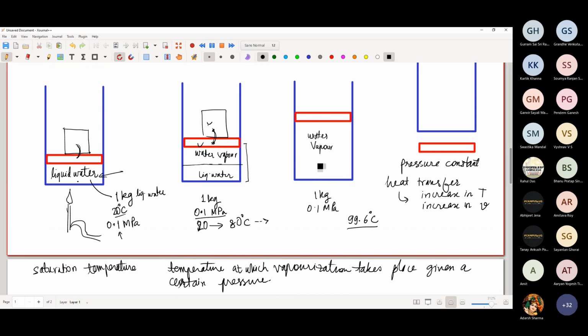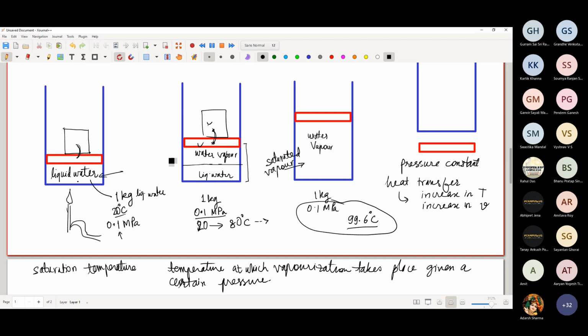And similarly, for this particular condition, Psat and Tsat, this would be called saturated vapor. And why is it called saturated liquid and saturated vapor? Because at saturated vapor, there is no liquid present, and at saturated liquid, there would be no vapor present.